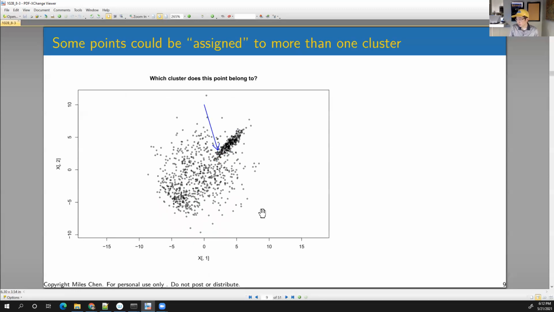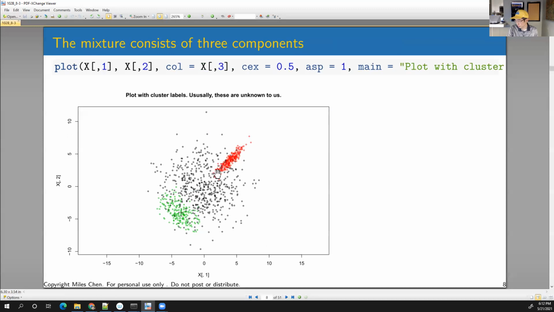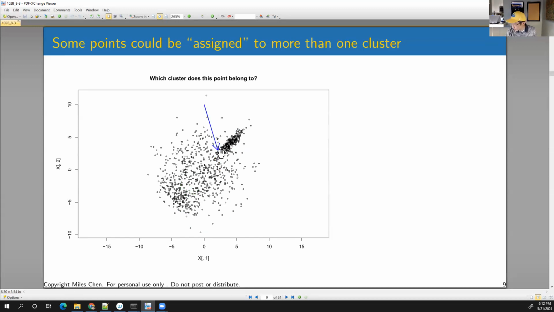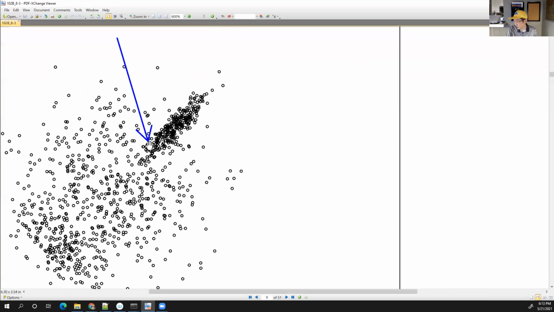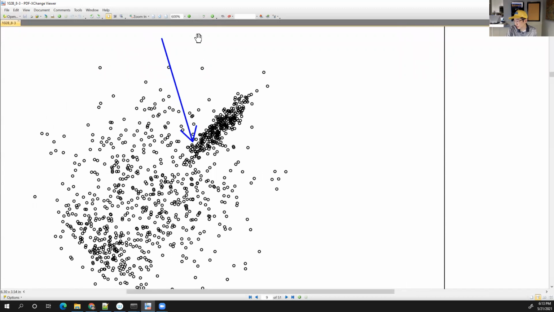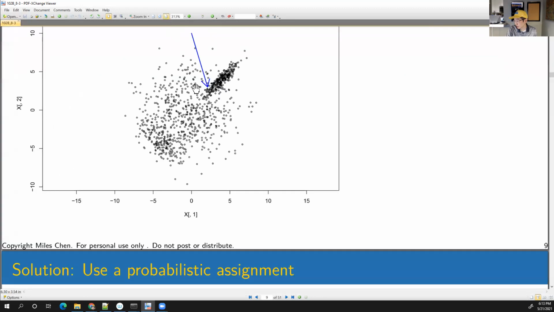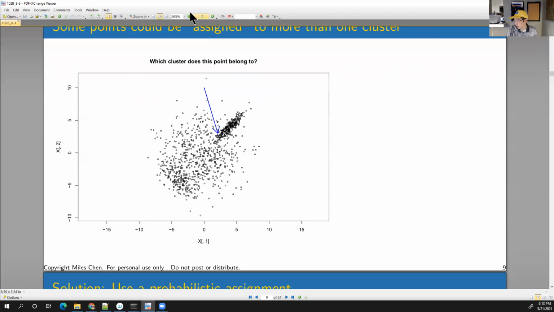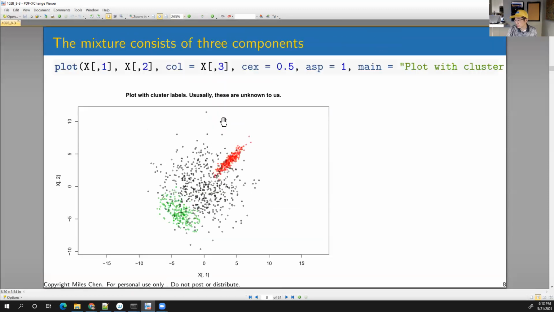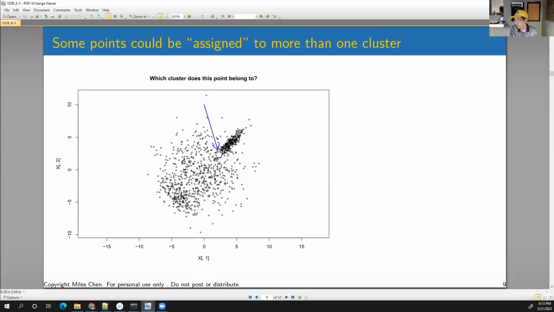Let's say we look at this point right here, which is kind of on the edge. Visually, we can see there's a cluster here, and then there's also the large cluster. If we zoom in on one of these observations, how should we assign this point to a cluster?